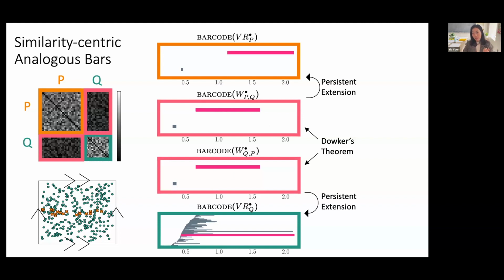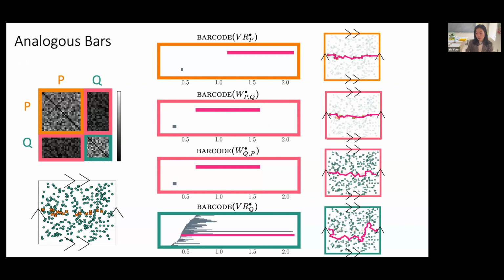And the bars that have been identified at the top and bottom this way, we refer to those as analogous bars. And indeed, if you actually do look at their cycle representatives, you can verify that the bars that have been identified are all indeed tracing this kind of horizontal S1 on your square torus.